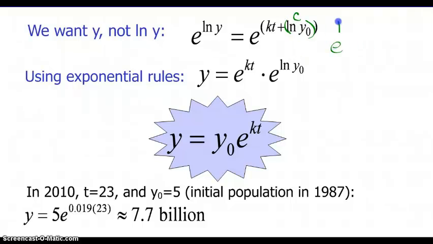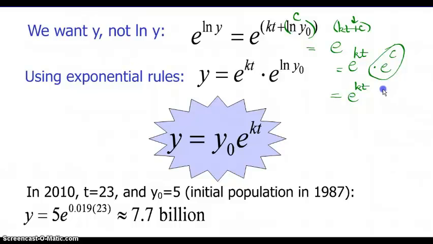Realize that if I have e to the kt plus c, that this plus says that I have the equivalent of e to the kt times e to the c. Well, the result of this is just a constant. So what I have on the right-hand side of the equal sign here is e to the kt times c. And I can just put c out front, e to the kt.